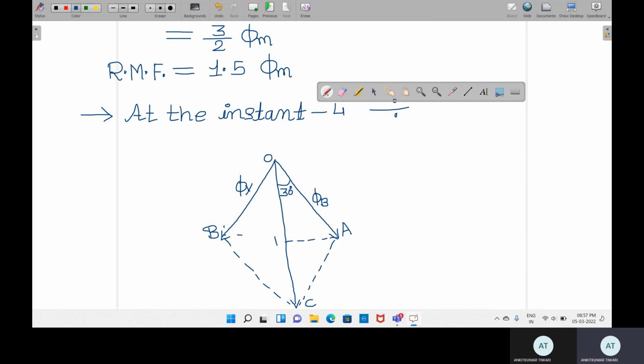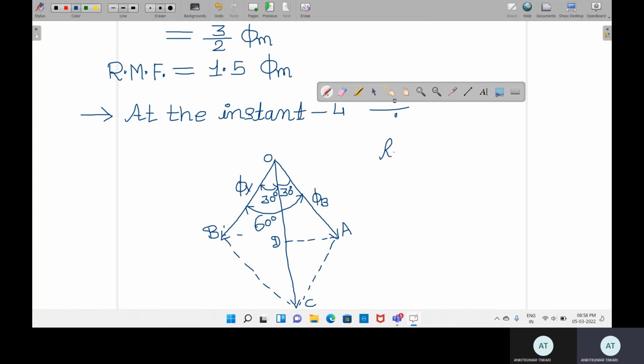OC is divided into two parts, OD and this is again 30 degrees, which means the total is 60. Any of the vectors can be considered for the resultant.